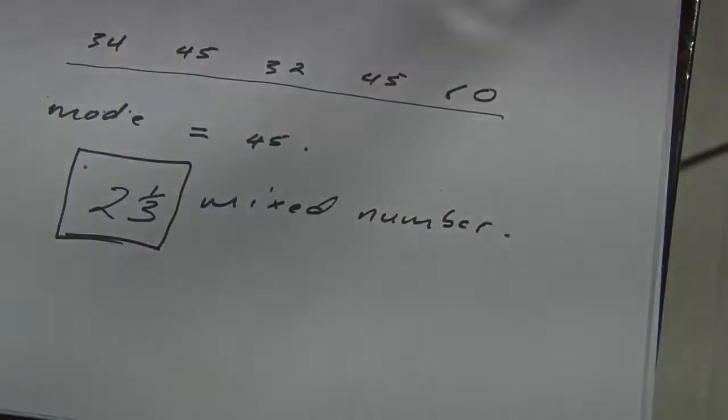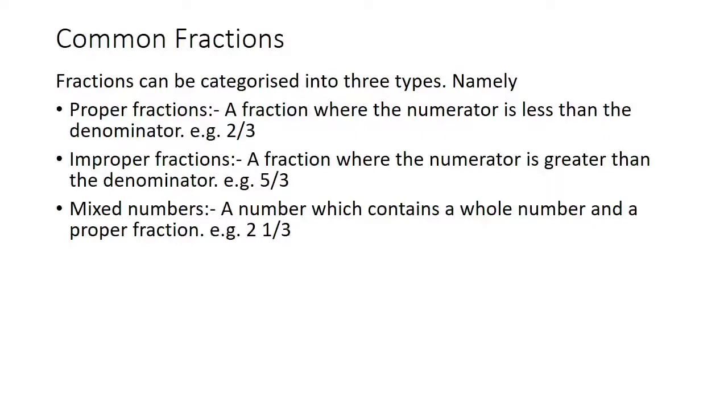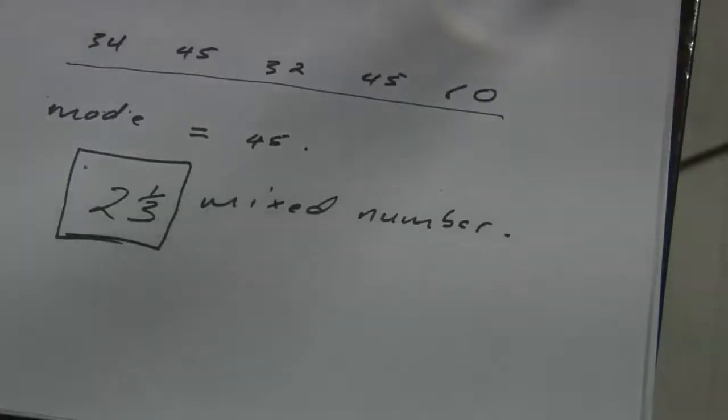Now, mixed numbers and improper fractions are related, because one can rewrite an improper fraction into a mixed number and back, which means you can also rewrite a mixed number as an improper fraction. For instance, the 2 and a third that we have can be written as an improper fraction.